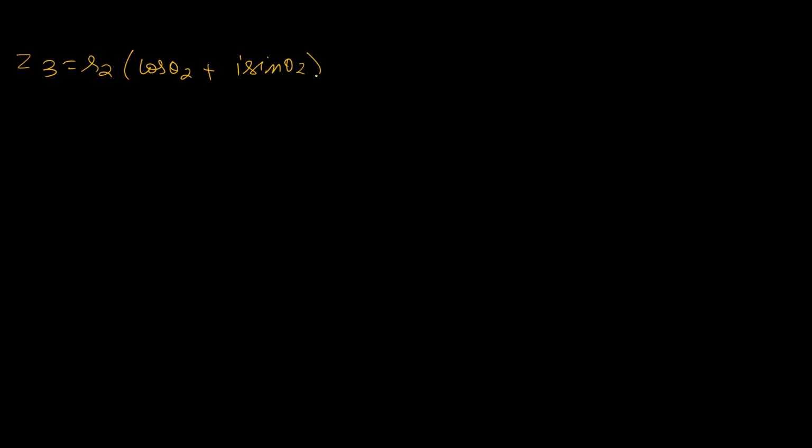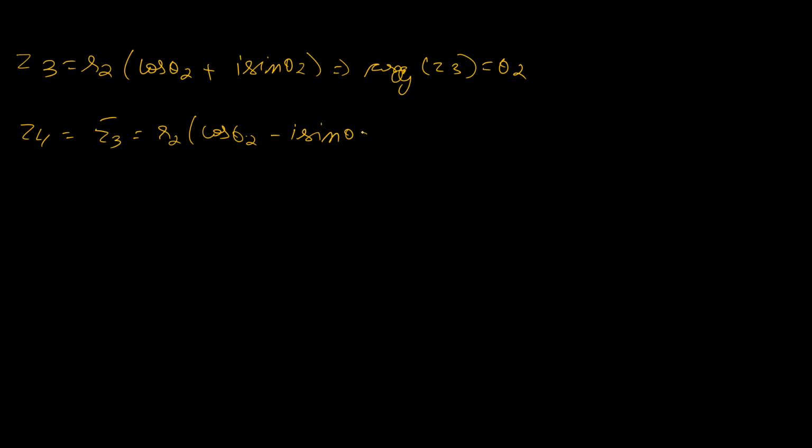Okay, from this we can write argument of Z3 is equal to theta 2. Okay, what is Z4? Z4 will be same as Z3 bar, which is equal to R2 of cos theta 2 minus I sin theta 2, the same concept we followed there. So similarly we can write argument of Z4 equal to minus theta 2.